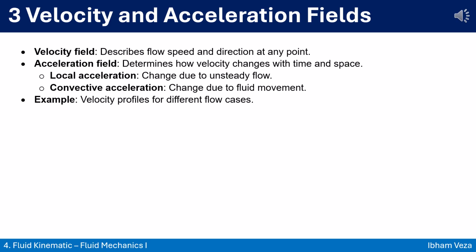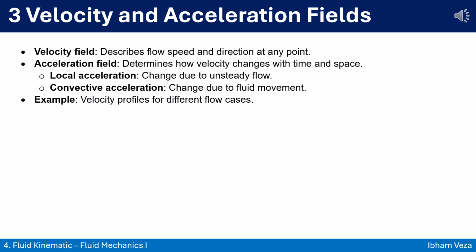When we describe fluid flow, velocity is our starting point. A velocity field tells us how fast the fluid is moving and in which direction at every single point. But flow isn't always constant. It changes over time and space, which brings in acceleration. Acceleration explains how the velocity varies, and it has 2 parts.